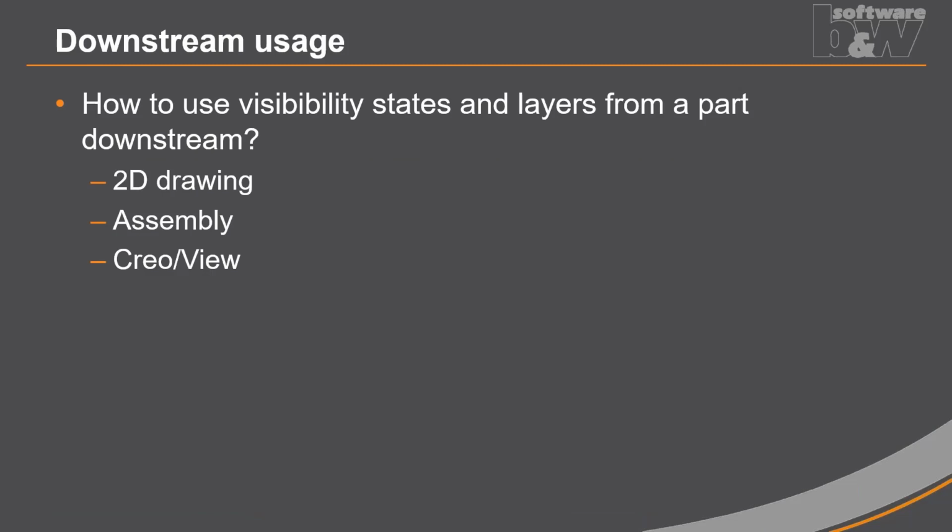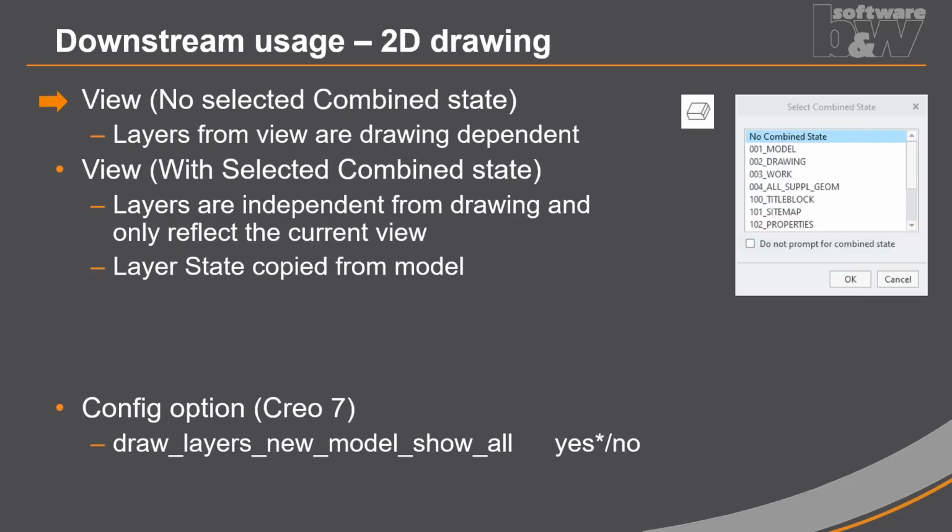Let's just have a look at how these visibility states and layers from a part work downstream in a 2D drawing, an assembly, or even Creo View. Let's take a 2D drawing first. If you create a new drawing, you first probably will create a view, and a window pops up. Select a combined state. If you select no combined state, the view will be created drawing dependent, and the layer status from the drawing will take control.